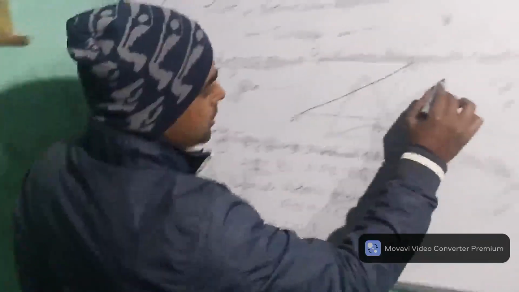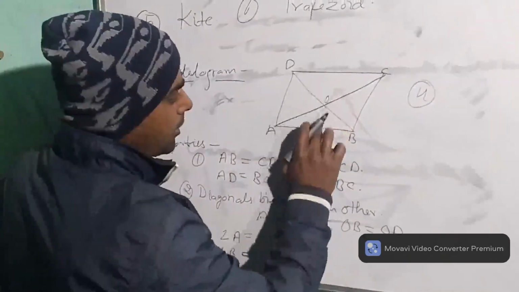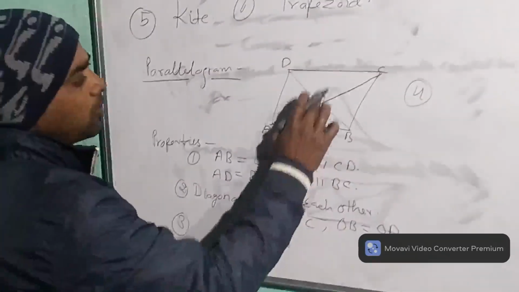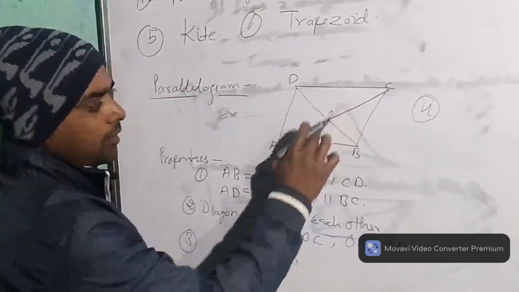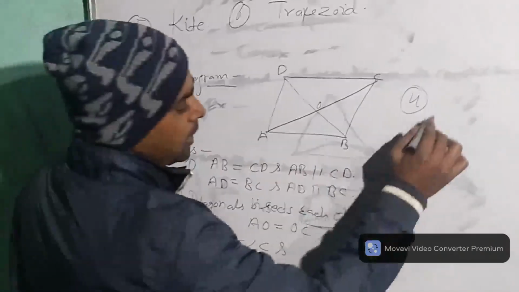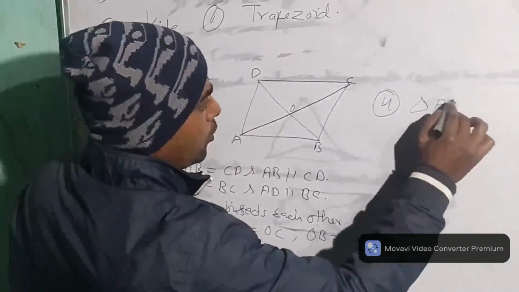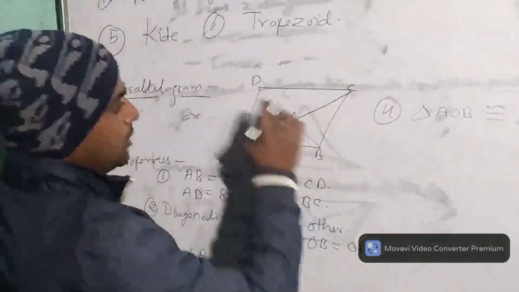And fourth one is the opposite triangles of the parallelogram will be congruent. That means triangle AOB is congruent to triangle COD.